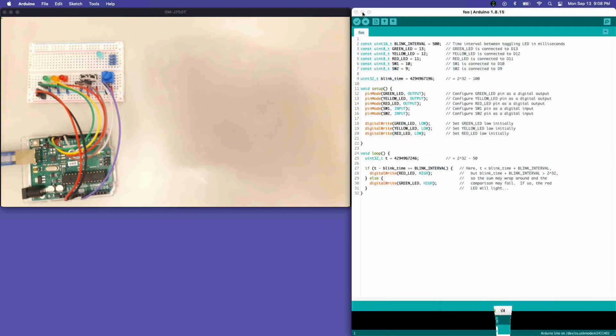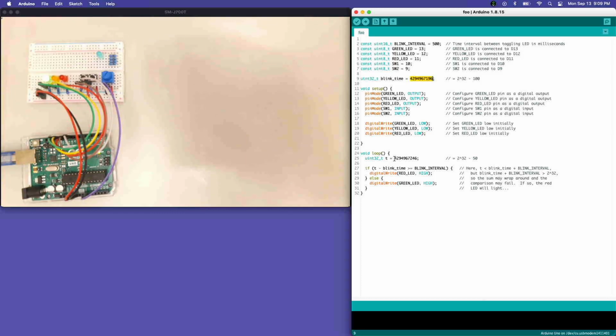So to do that, I created this sketch where I've initialized blink time to this number, which is basically 2 to the 32nd minus 100, so that when we add this number plus blink interval, which is 500, we're guaranteed to be in excess of 2 to the 32nd by 400.